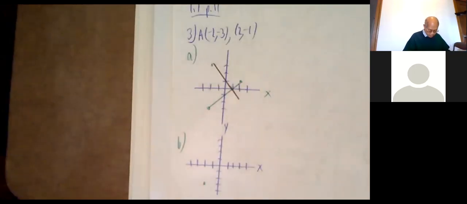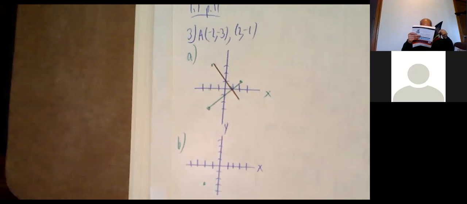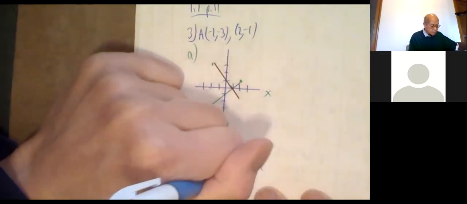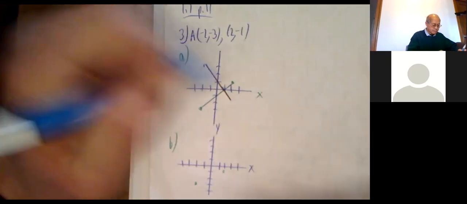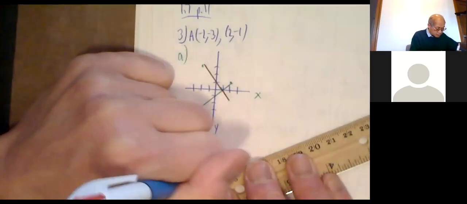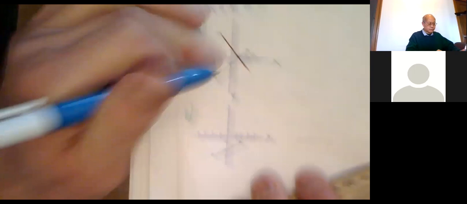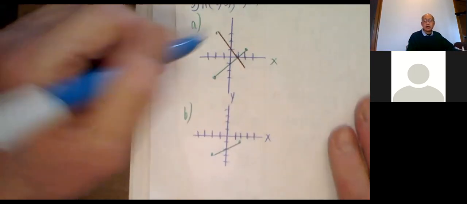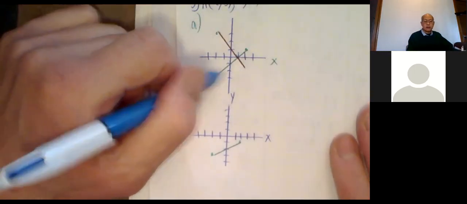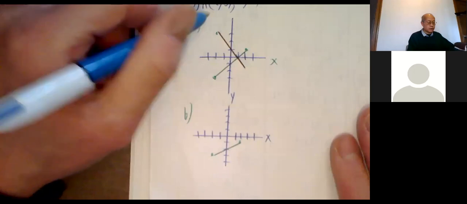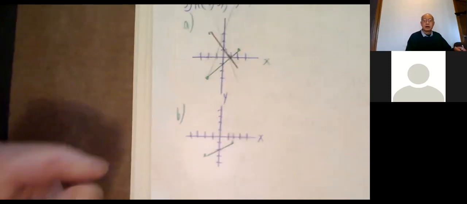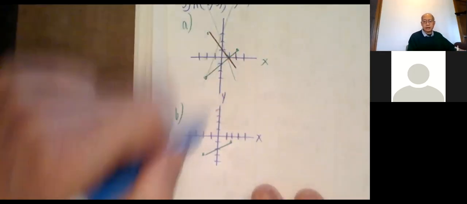Well, you know what? This is supposed to be 2, negative 1, right? Oh, I goofed. 2, negative 1. That's supposed to be here. Sorry about that. Okay, so I botched this one up. I have to redo this one. Sorry. I had it going up to here, but it's only supposed to be here.